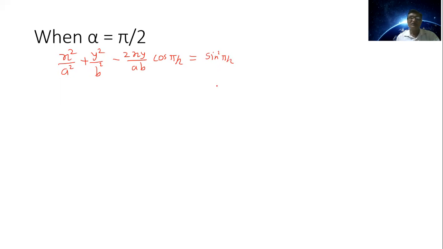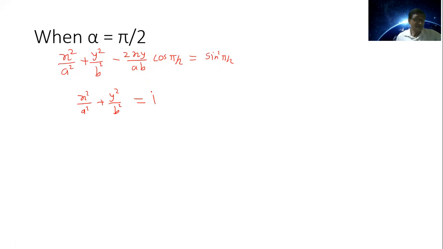Sine pi by 2 is 1 and cos pi by 2 is 0. So we get x square upon a square plus y square upon b square, and this term becomes 0 because cos pi by 2 is 0, and that is equal to 1. x square upon a square plus y square upon b square is equal to 1, and this is the equation of an ellipse.